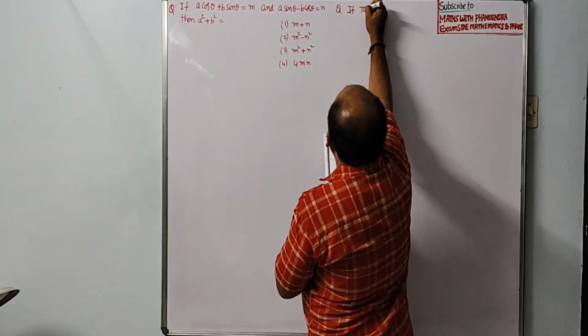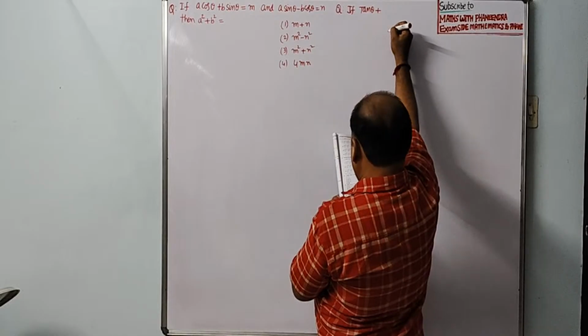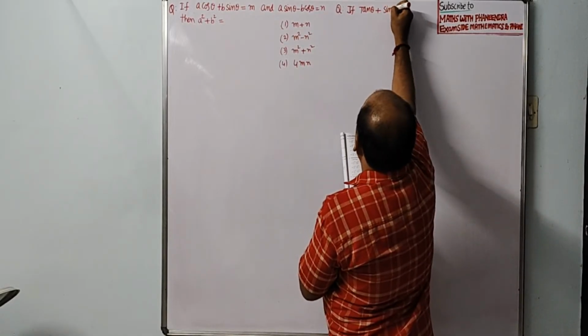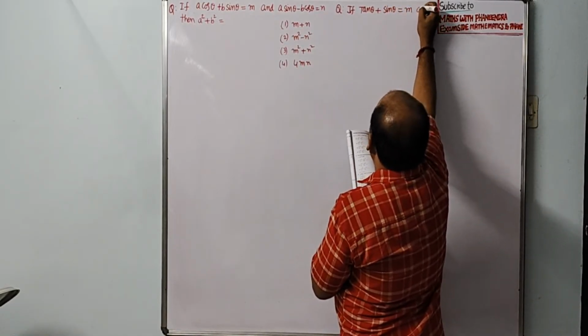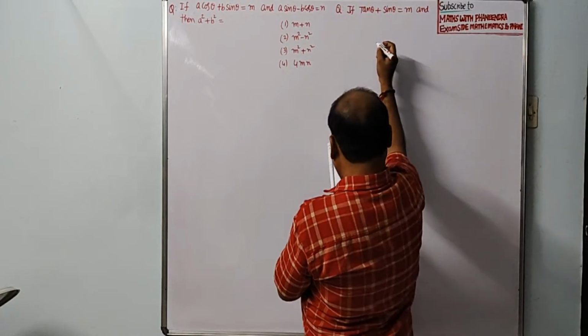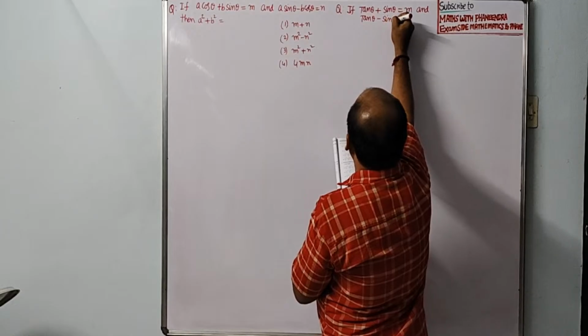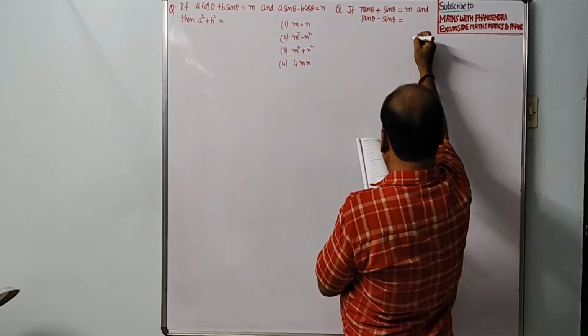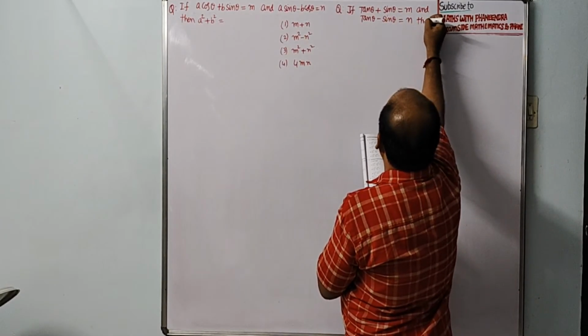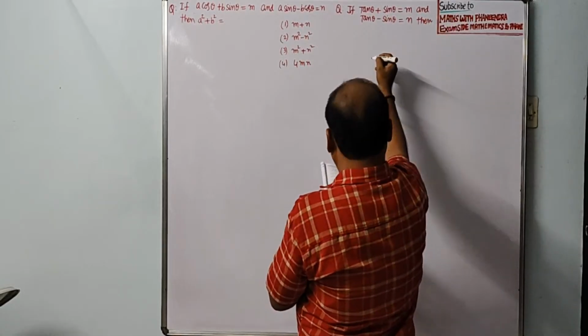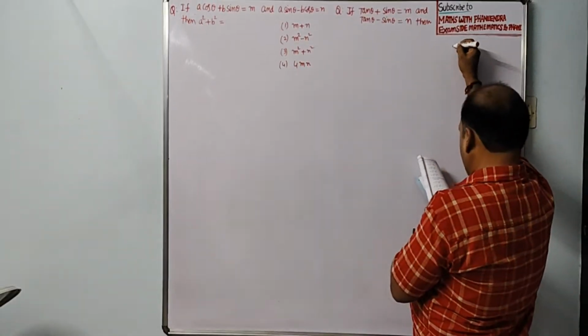If tan theta plus sin theta equal to m and tan theta minus sin theta is equal to n, then which option is going to get correct?